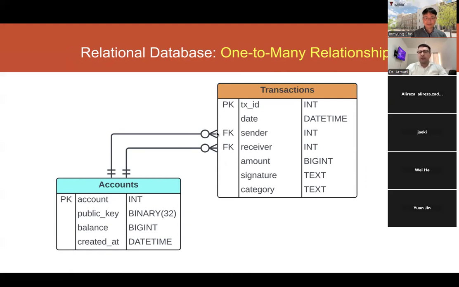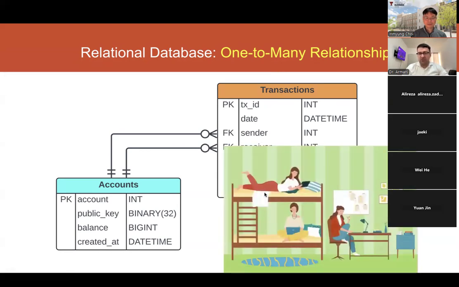So it is possible an account does not send any money to anyone. A stingy person does not send money to anybody, but it is possible that an account sends money to several people. So an account can be sender in multiple transactions, and the same is for receiver. An account can be receiver in multiple transactions or no transaction at all. So this way we established the relationship between these two tables.